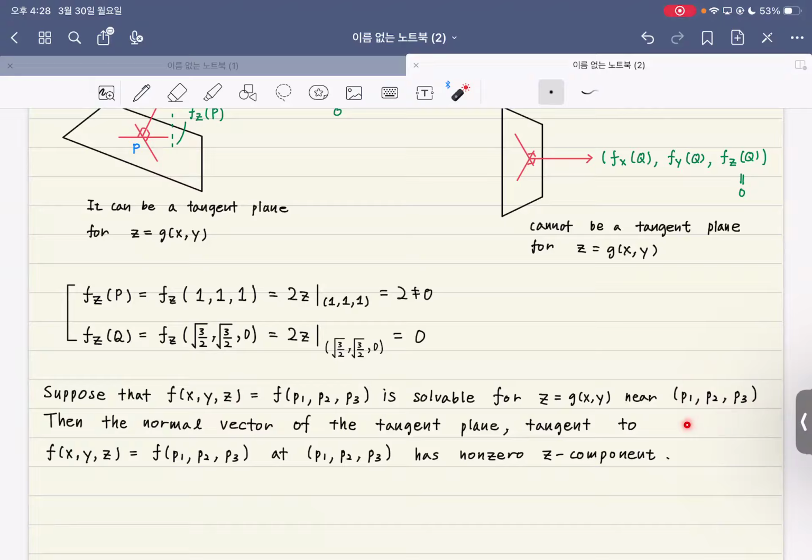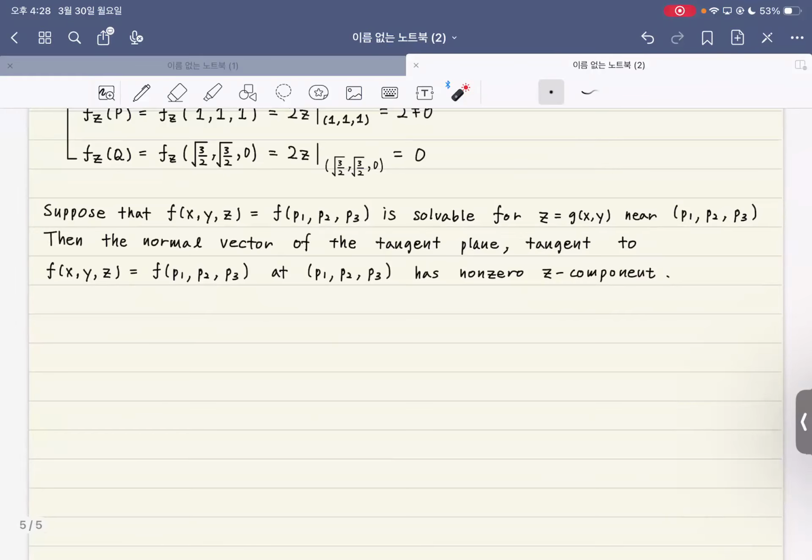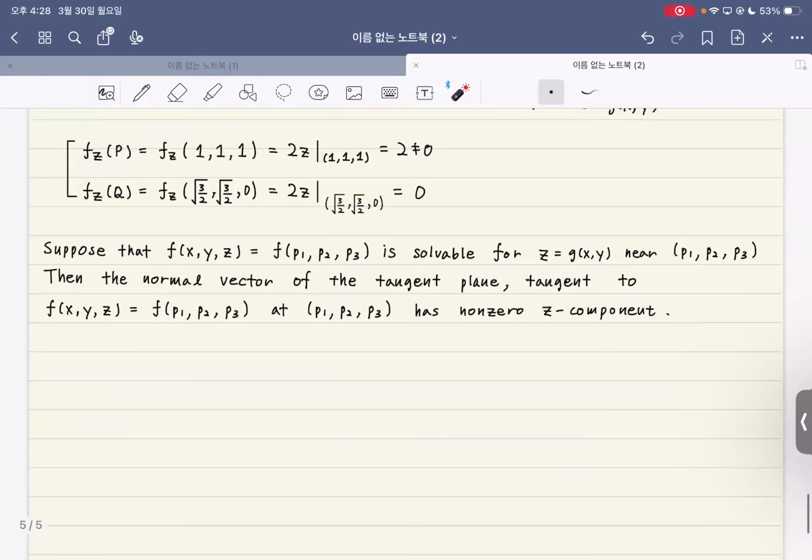So the normal vector of the tangent plane at this point must have non-zero z component. We know that for now. In this case, I want to talk about the equation of the tangent plane at this point.